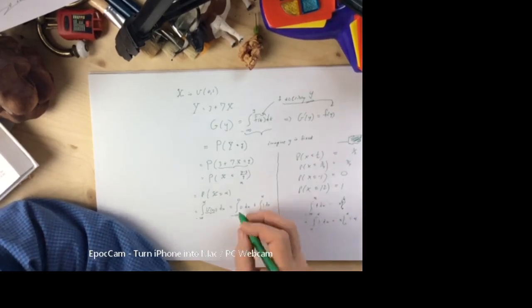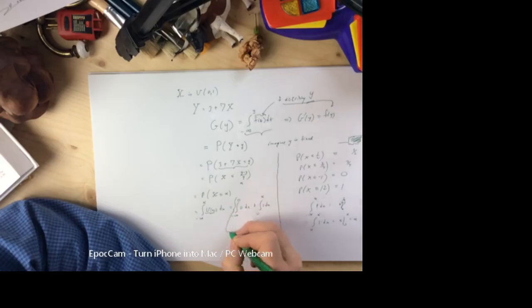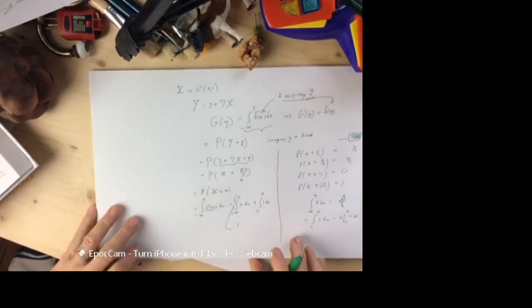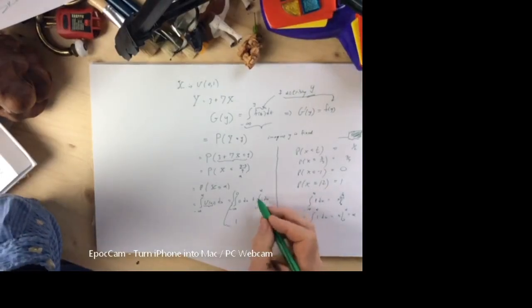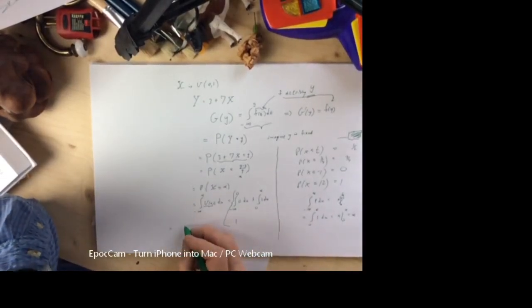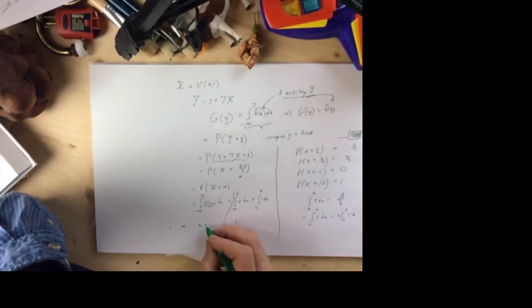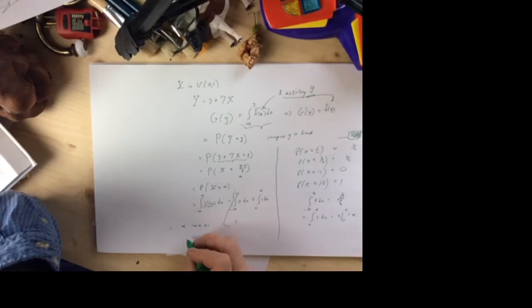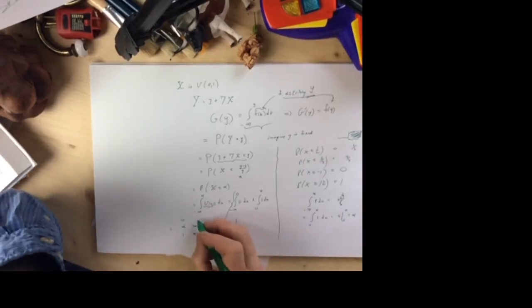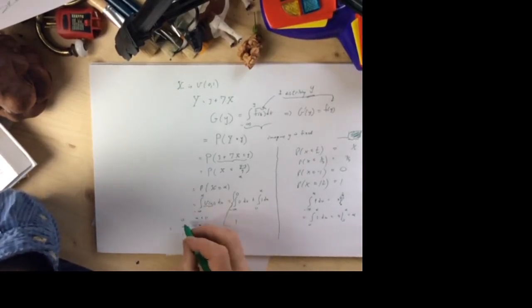And if alpha is greater than 1, it's just going to be 1. So this integral is just alpha. So we get alpha when alpha is less than or equal to 1, greater than or equal to 0. We get 1 when alpha is greater than 1. And we get 0 when alpha is less than 0.